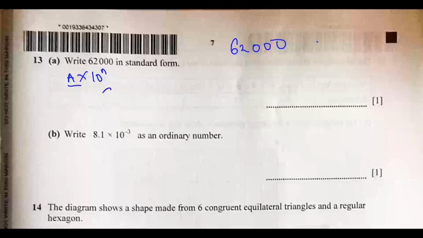So that means this will be the correct one. 6.2 times 10 to the power of what? I have the decimal point here now, so let's count to this point here: 1, 2, 3, 4. So it will be 10 to the power of 4. So we have 6.2 times 10 to the power of 4. That is what you get there.